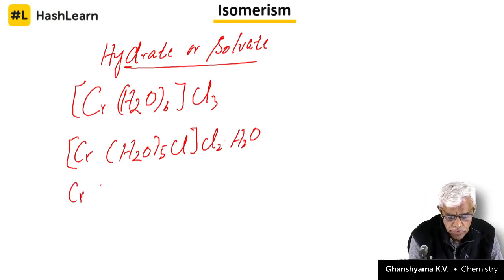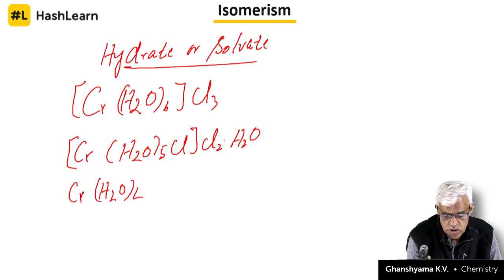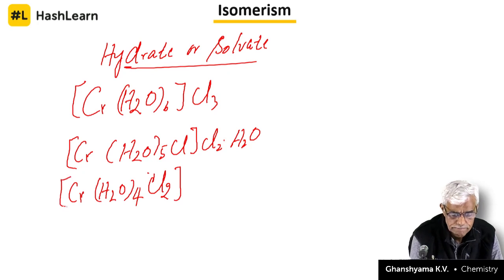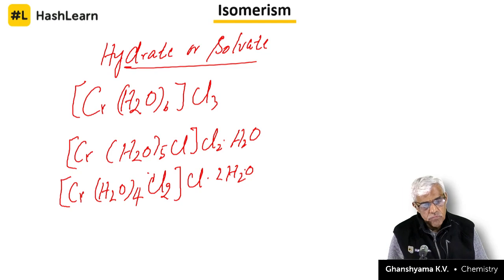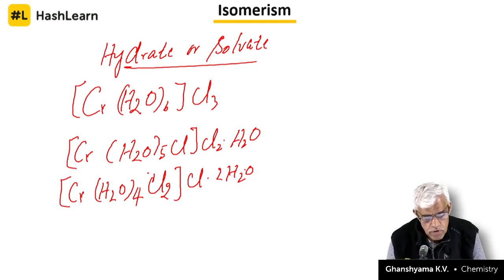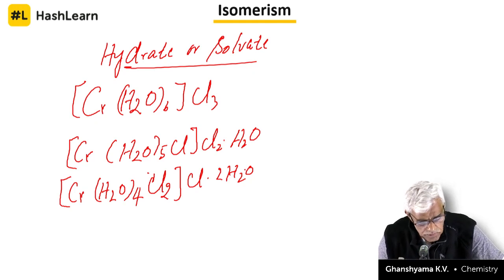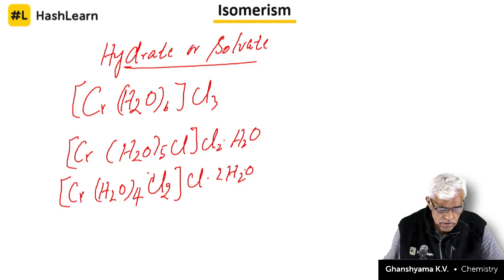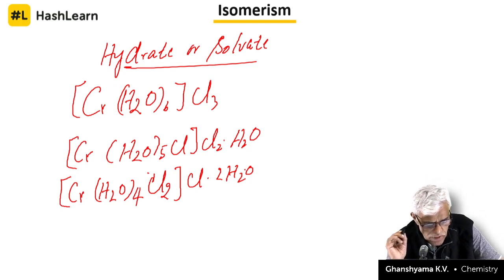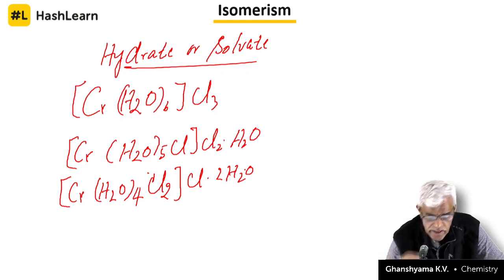Third one, [Cr(H2O)4Cl2]Cl·2H2O. You can see here, three structures are possible. First, hexaaqua chromium(III) chloride. Second, pentaaqua chlorido chromium(III) chloride monohydrate. Third, tetraaqua dichlorido chromium(III) chloride dihydrate.